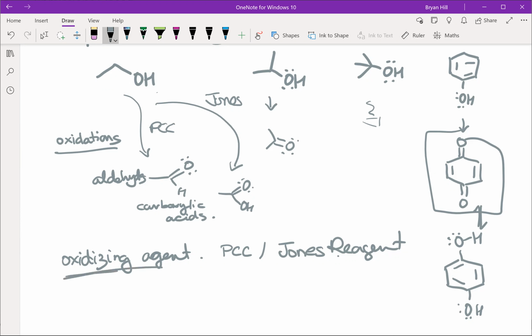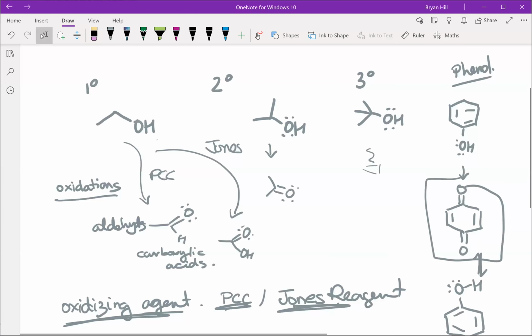So don't choose this and don't choose that. There are tons of them out there, some quite interesting, and they've all got their specific things they're good for. Some oxidizing agents will specifically oxidize a secondary alcohol in the presence of a primary alcohol. So that's kind of fun.